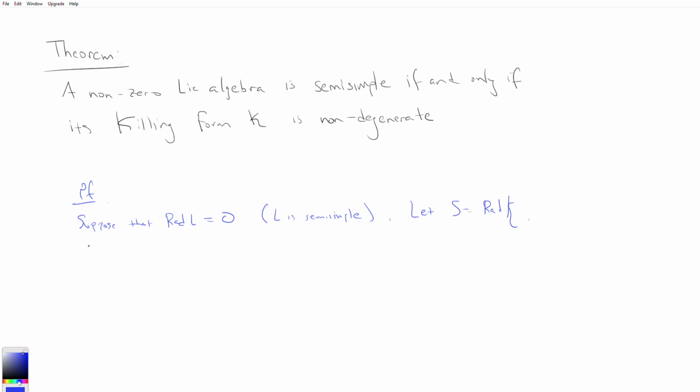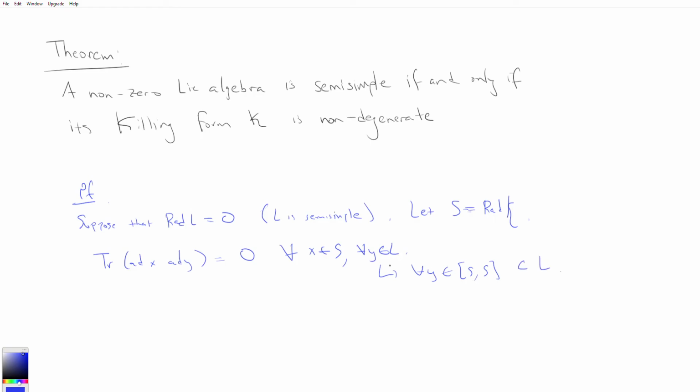By the definition of this thing, we have that the trace of ad x ad y is equal to 0 for all x in S, and for all y in L, right? And in particular, for all y in the derived algebra of S, because this is contained in L. So this is obviously true.